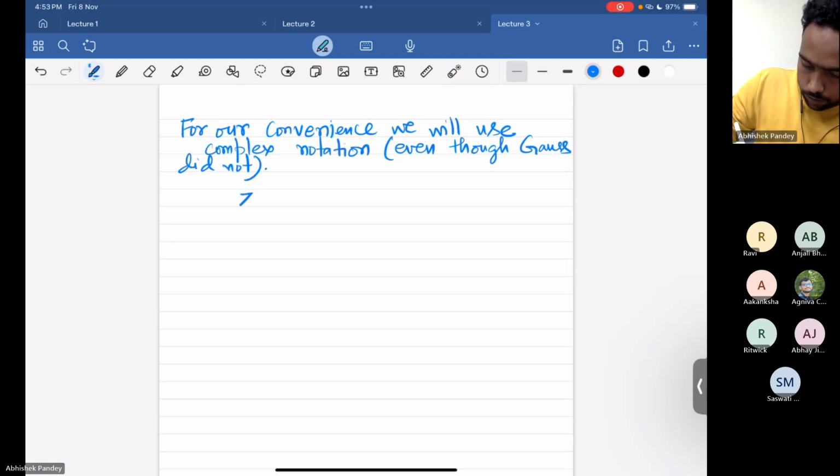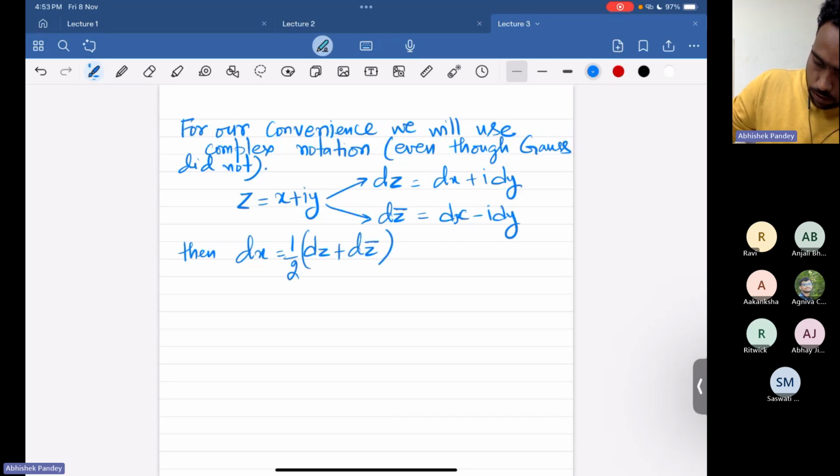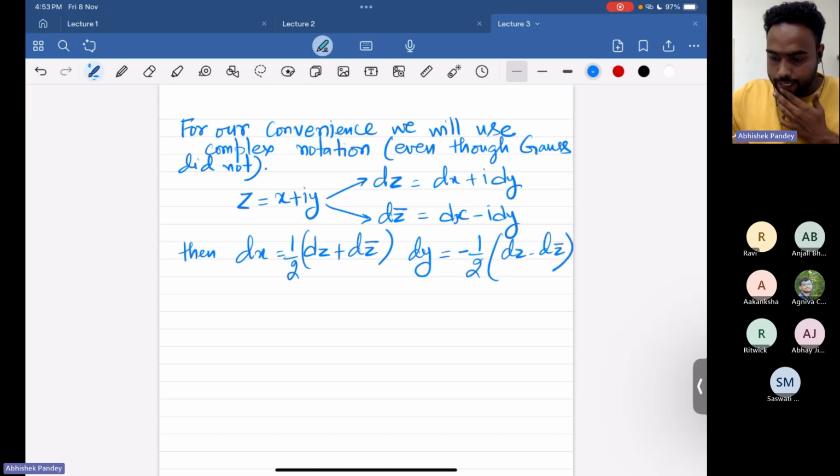Let z is equal to x plus iy, and here we will use dz, which is dx plus i dy, and dz bar is dx minus i dy. So in this case dx is 1 by 2 (dz plus dz bar), and dy is equal to minus 1 by 2 i (dz minus dz bar). I hope this is fine.